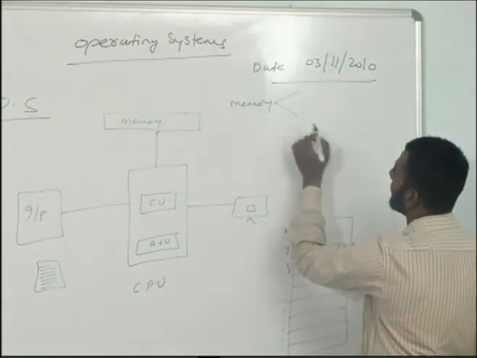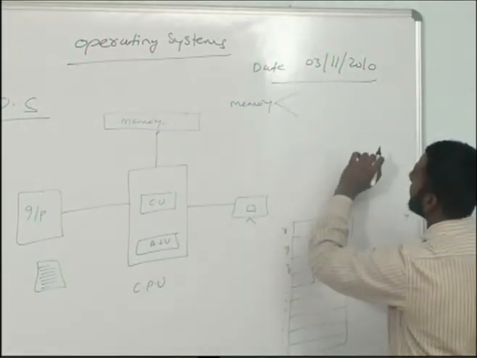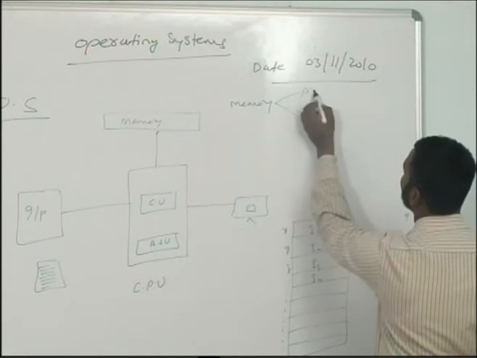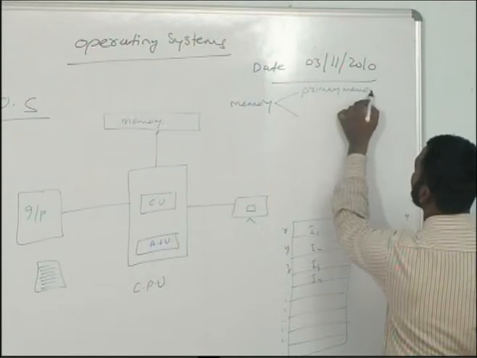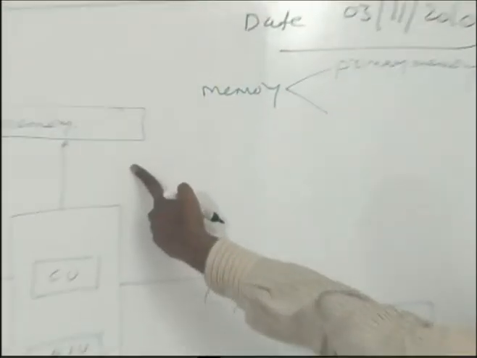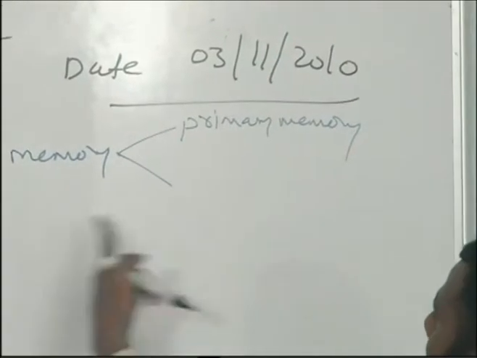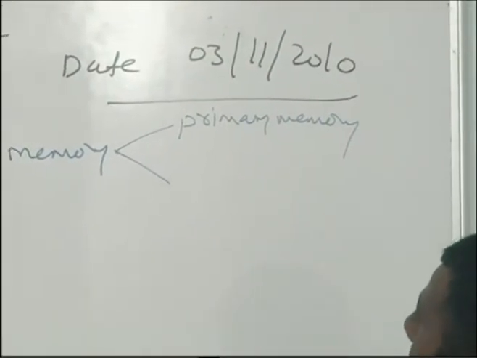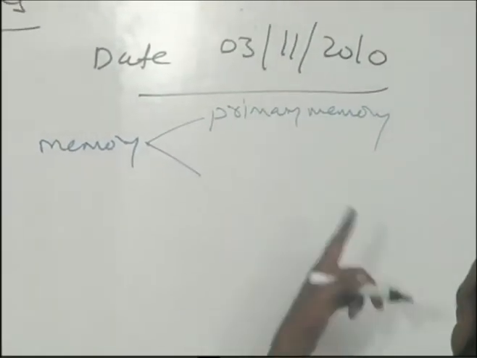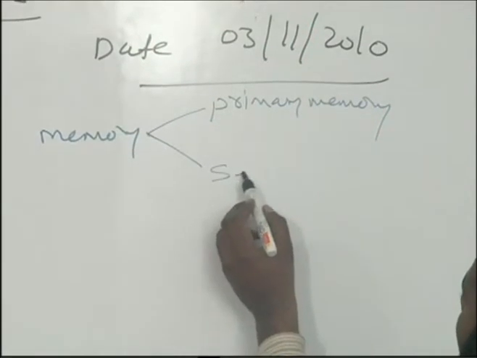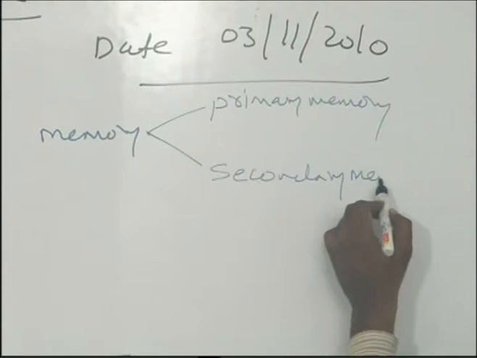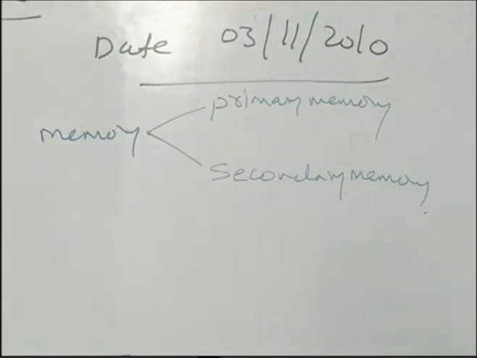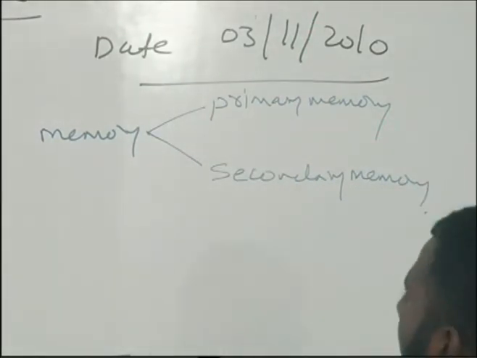Memory is actually of 2 or 3 types. It can be primary memory. In order to understand what memory means here, let me classify it. Memory can be classified into primary memory, secondary memory, or tertiary memory, like tapes and all.